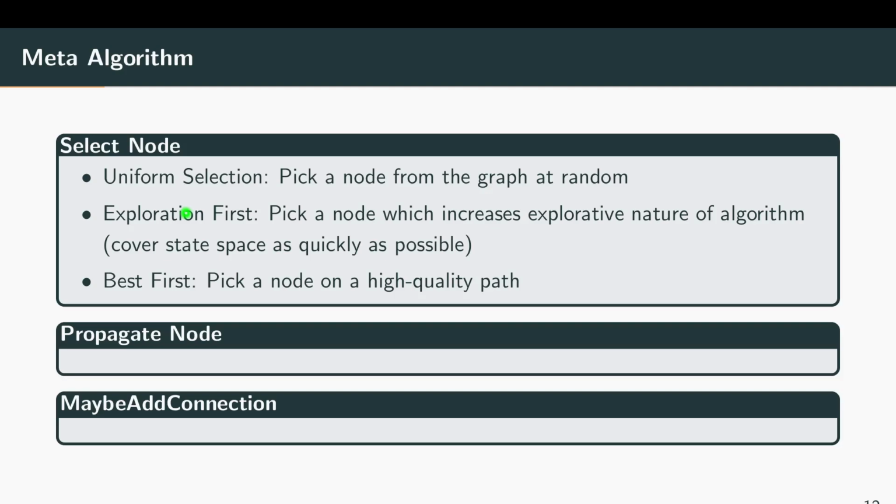So for node selection, for example, we could just use uniform selection. So let's say we have a tree that has already 5 vertices. Then we pick each vertex with a probability of 20% for expansion. We could have some sort of exploration first. That is what you typically find in RRT itself, because there we had this Voronoi bias, and the idea of the Voronoi bias was that we want to benefit exploration.